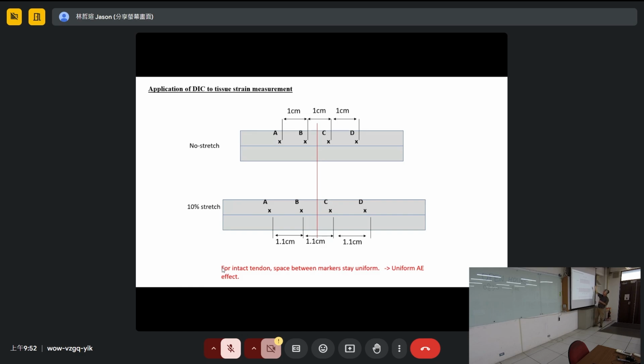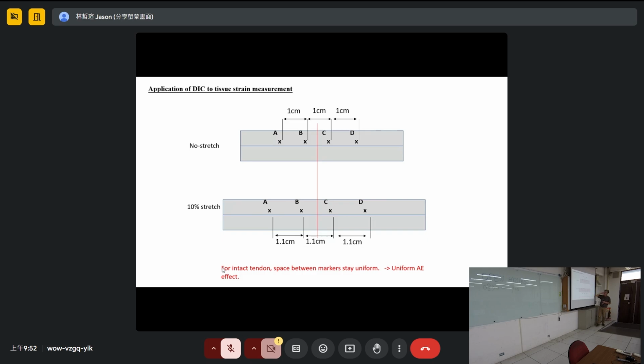And we capture the video of non-stretching all the way to 10% stretch. Frame 1, frame 2, frame 3, frame 4, and so on, all the way to here, 10% stretch. Usually frame rate is 16 frames per second for the ultrasound. Usually we capture 5-6 seconds, so 70 frames in between here.